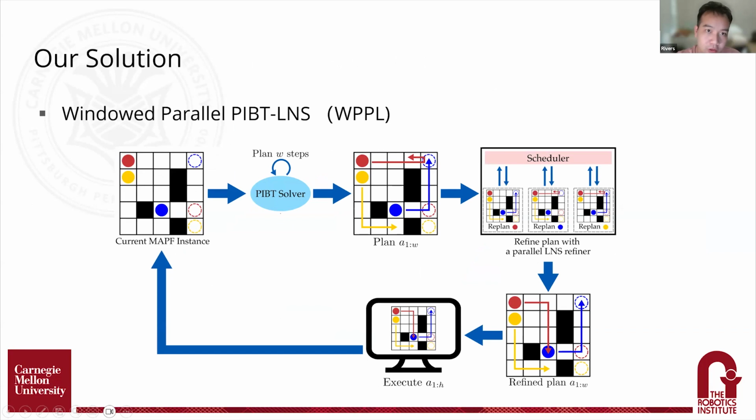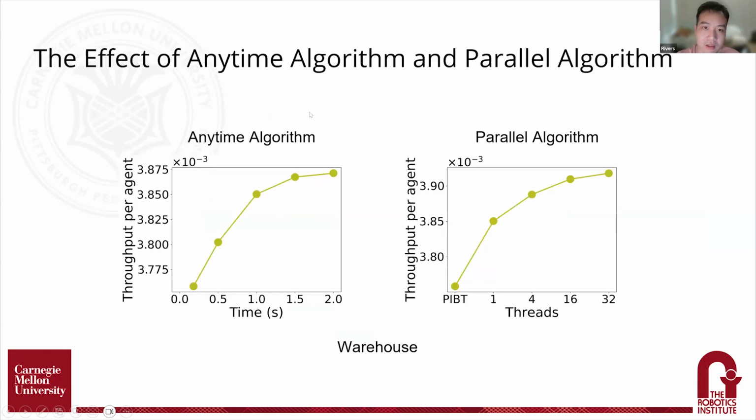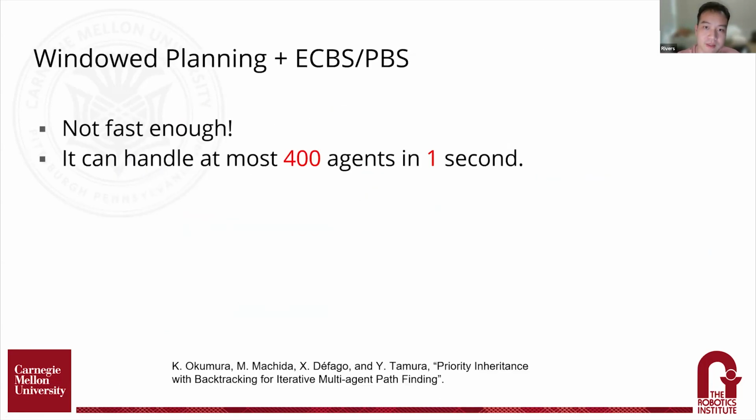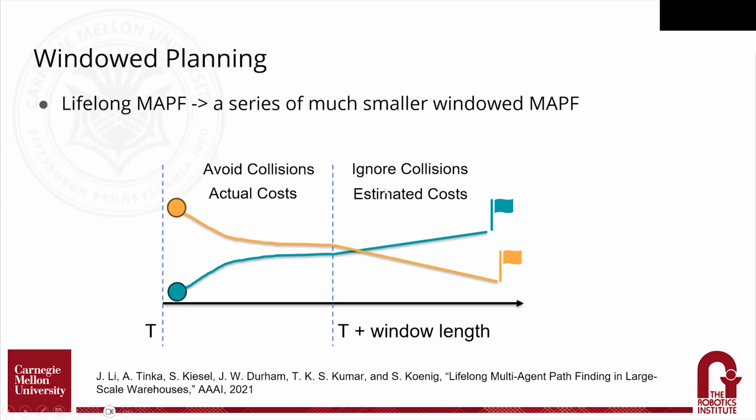Our overall framework is PIBT plus large neighborhood search, but we find that in the dense case, because our cost is an estimation, if you remember, what's beyond the window is an estimation, and we find that using large neighborhood search actually makes the result worse. And so in the very dense case, we actually only use the PIBT part.